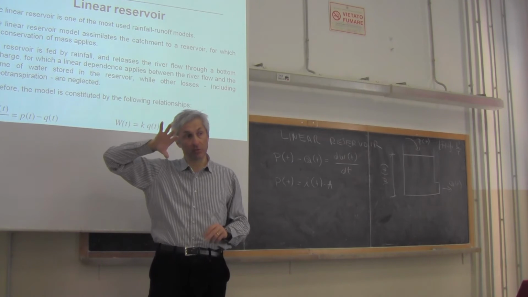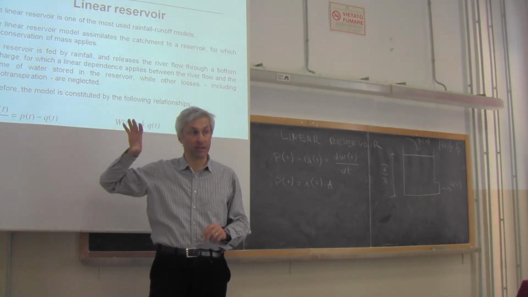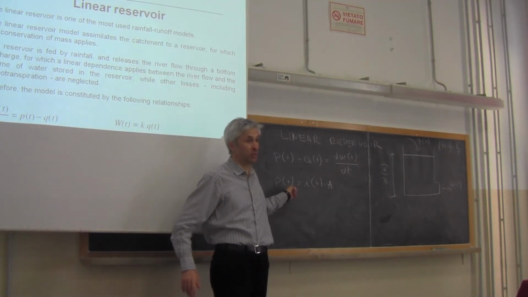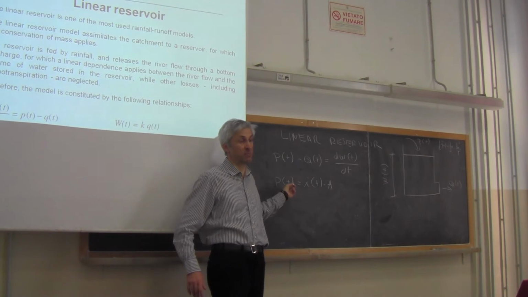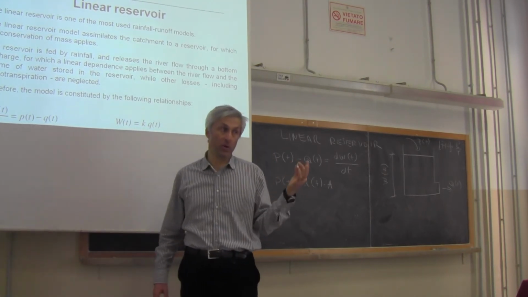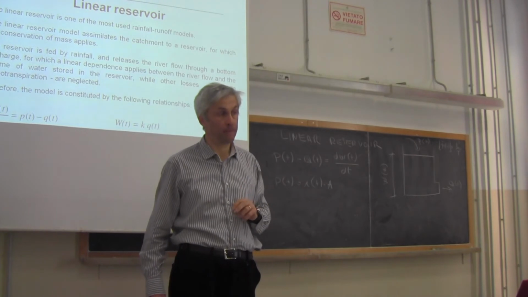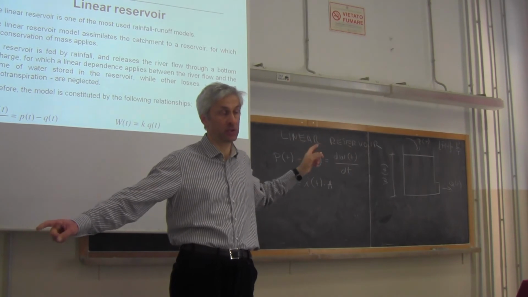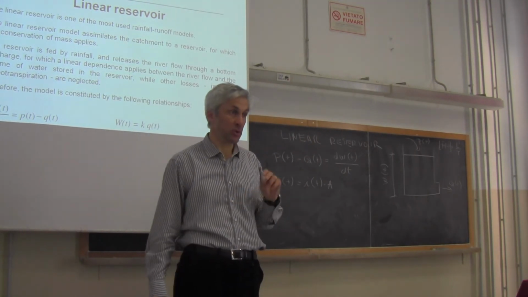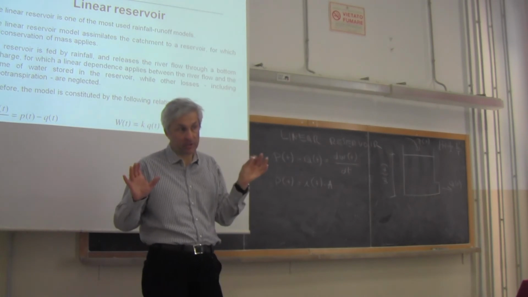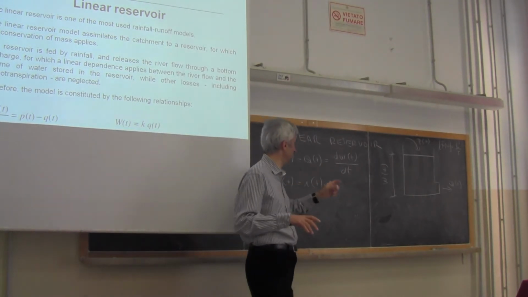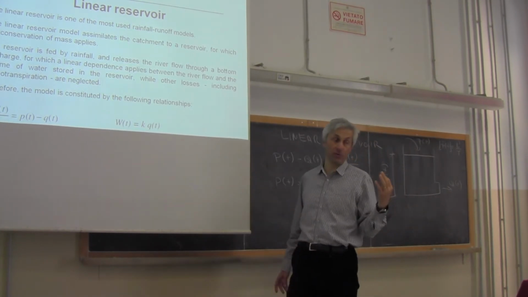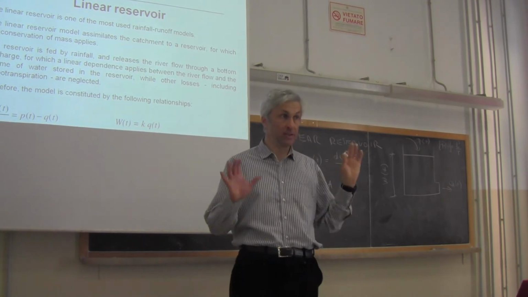In fact, in the rational formula, the rainfall intensity is multiplied by the area of the catchment. Here you can say that rainfall that we denote with the symbol P is rainfall volume over time. And this is why I use two different symbols in the linear reservoir and in the rational formula. So keep in mind, usually we use this approach in order to obtain from the bottom discharge the whole river flow, not just the river flow per unit area. Everything is clear?